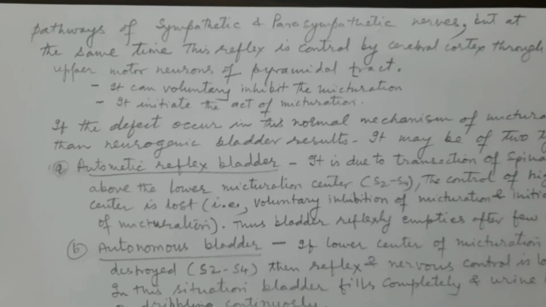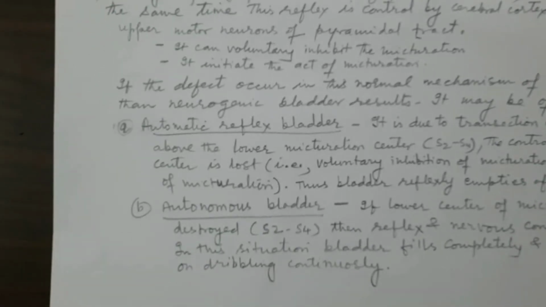But if the lower center itself is destroyed, that means the spinal cord is injured at the level of S2 to S4, then this automatic reflex bladder will also not be there.